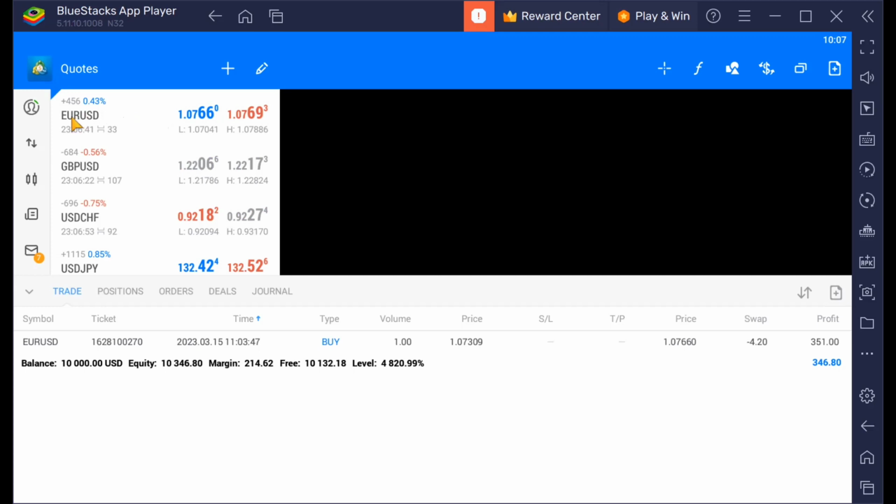All right. And the next thing is, if you are selling Euro USD, what you are saying is that 1 euro will start decreasing in value compared to the dollar. So that means this number will start going down. This is 1.0766. So if you keep going down, that's exactly what you're trying to do if you are selling.